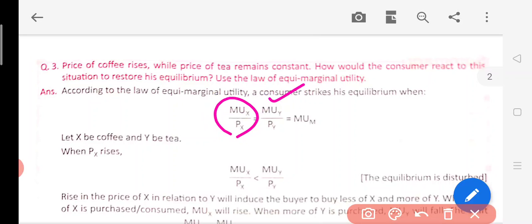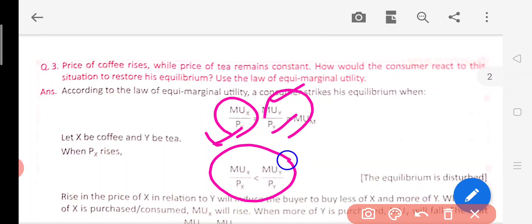So what will happen as a result of it? When you spend less money on this and more money on this, where will you be getting more satisfaction? Because this X good, this coffee, has become costlier in the market, that is the reason you move to Y good. So you will be getting more satisfaction in Y good. So the equation now becomes MUX upon PX less than MUY upon PY.